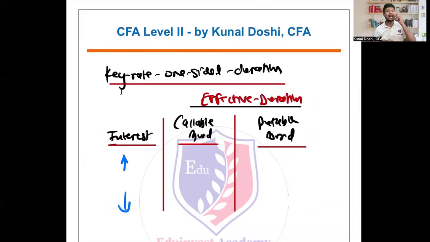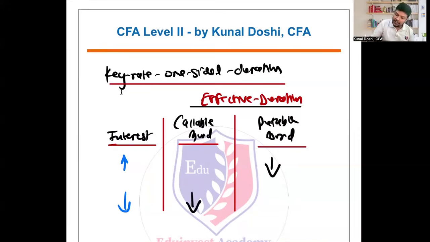Yes. If the interest rates are high, whose chances of being exercised are higher? Puttable bond. So the puttable bond's duration will shrink, isn't it? So when interest rates are high, the puttable bond's effective duration will go down. But when interest rates are low, the callable bond's effective duration will go down.